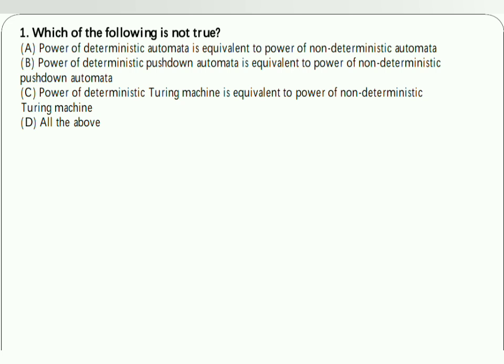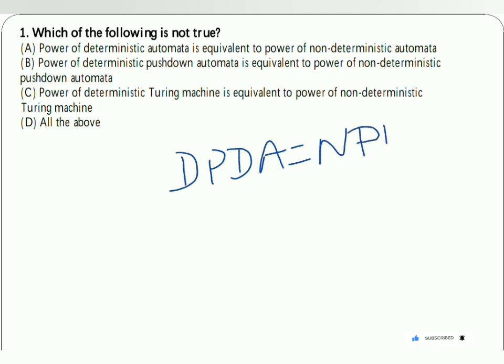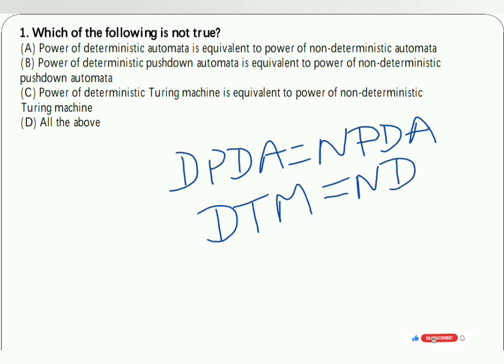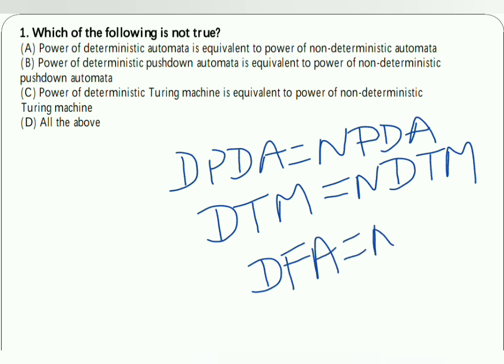Which of the following is not true? Here in the options they have given: the power of a deterministic push-down automata is equivalent to non-deterministic push-down automata, a deterministic Turing machine is equivalent to a non-deterministic Turing machine, and the power of deterministic finite automata is equivalent to non-deterministic finite automata.